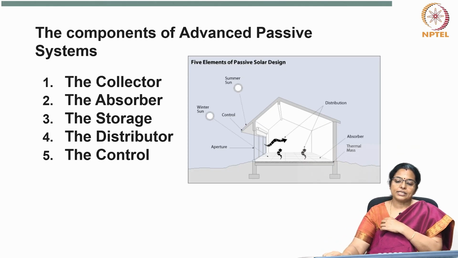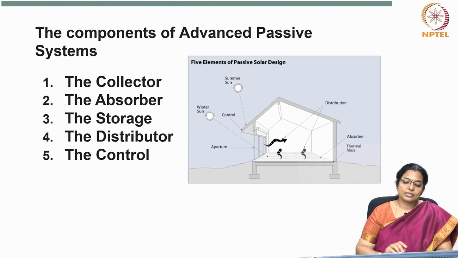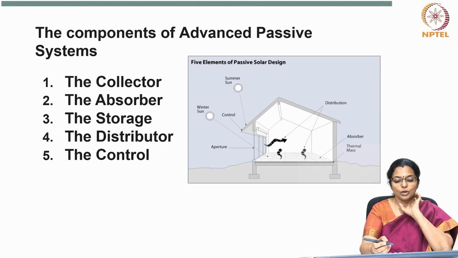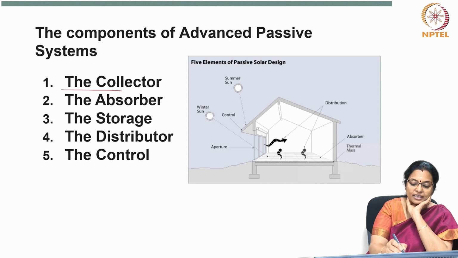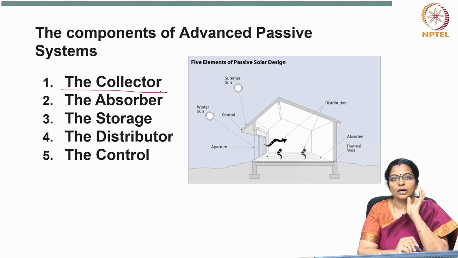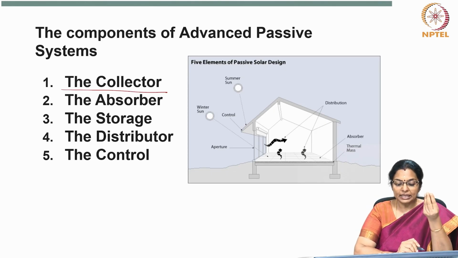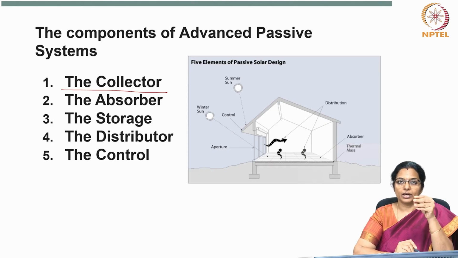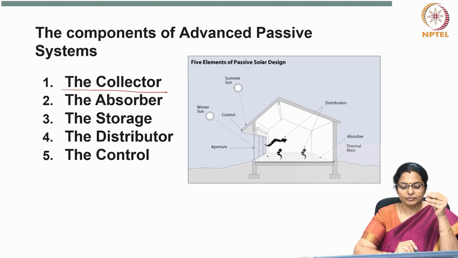Now the components required for advanced passive systems. This is important. You need to have definitely a collector. A collector would be a contraption or a building part or an element which will collect the heat.